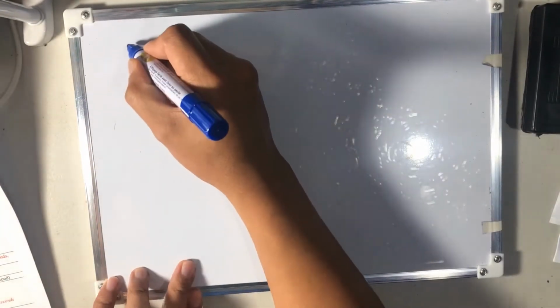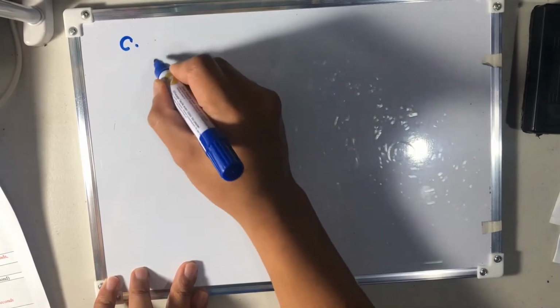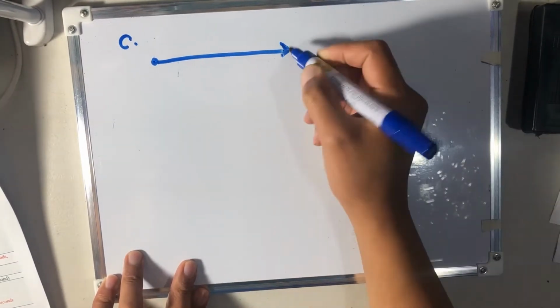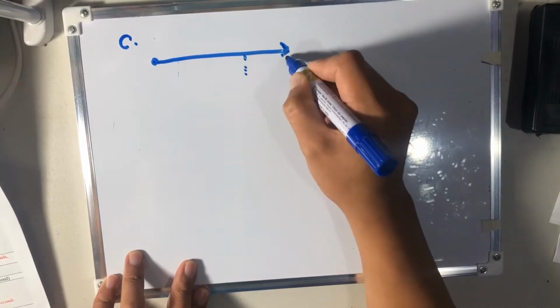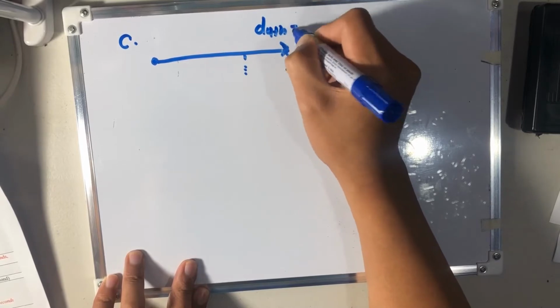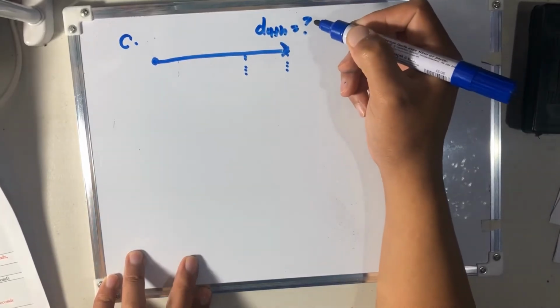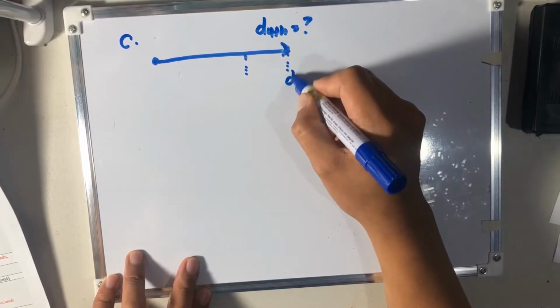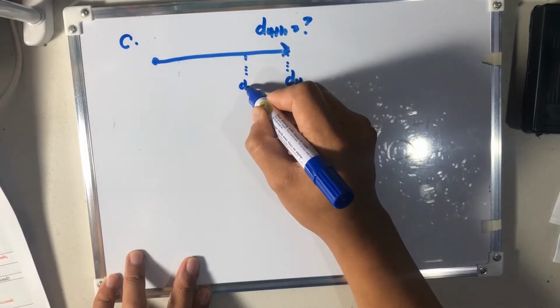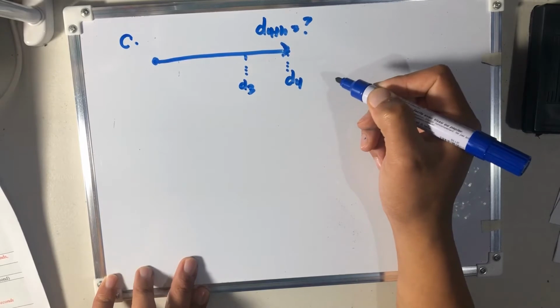So we will solve for problem C. Problem C is only interested in the displacement covered during the 4th second. So that is the distance during the 4th second. So we know that this is the distance after 4 seconds, and we know that there is a distance at the end of 3 seconds.